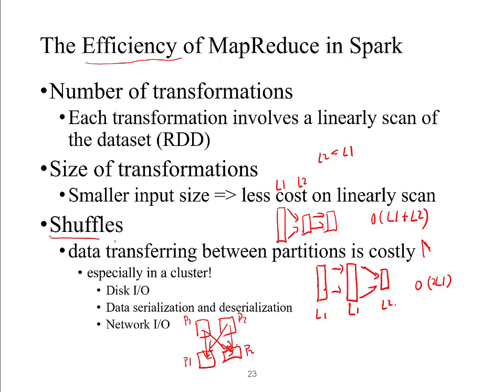So one way is to re-partition such that we can reduce the transfer across different partitions. Another way is to reduce the size of the partitions. In this way, the number of transfers across partitions will be reduced as well. Right.